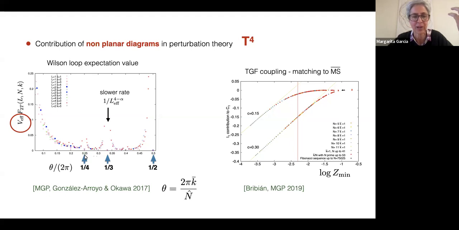For instance, imagine that you try to fix theta to 1/4. 1/4 is okay, but if you approach 1/4 by a set of rationals that go to 1/4, a fraction, rationals, I don't know, 11/41, 101 over something, etc., there's going to be a different contribution. These diagrams are enhanced and the convergence is slower. It goes at a slower rate. And this rate of convergence is controlled by the quantity that I have told you before, okay? So this is a relevant quantity also in other contexts.